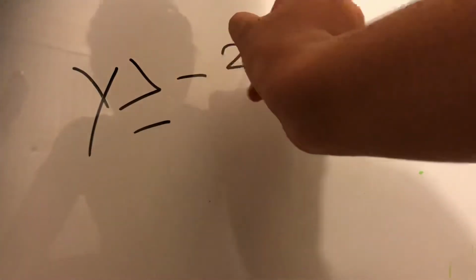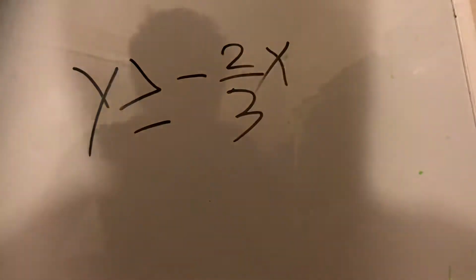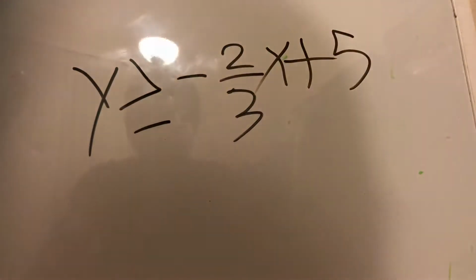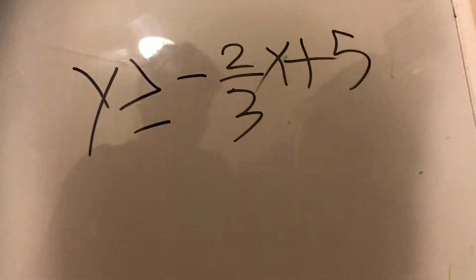So that's gonna be easy too, because from what we know about how to solve the equation and how to write a number of lines, this one is gonna be easy. So at first we're gonna say y is greater or equal to -2/3x plus 5.